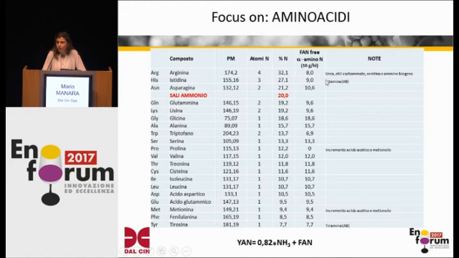This does not immediately translate into YAN, because we said that YAN is linked to FAN, and you see that there is less than expected in arginine. It is also true, though, that yeast manages to degrade arginine as a molecule entirely, and so it will be able, during fermentation, to assimilate it fully in a number of cases.